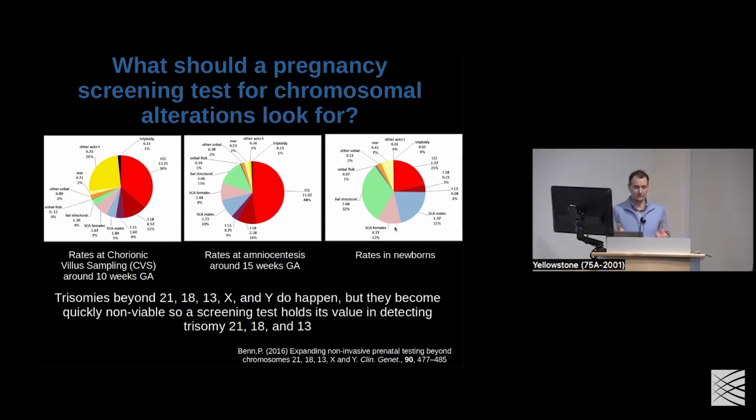And so the value of a screening test for chromosome alterations lies a lot in being able to find these viable trisomies. It could be interesting to also detect the other ones, but those will end with the pregnancy terminating itself anyway, so they won't have as much clinical value.